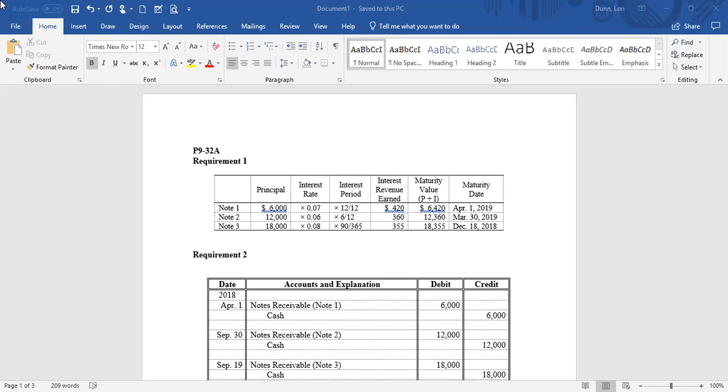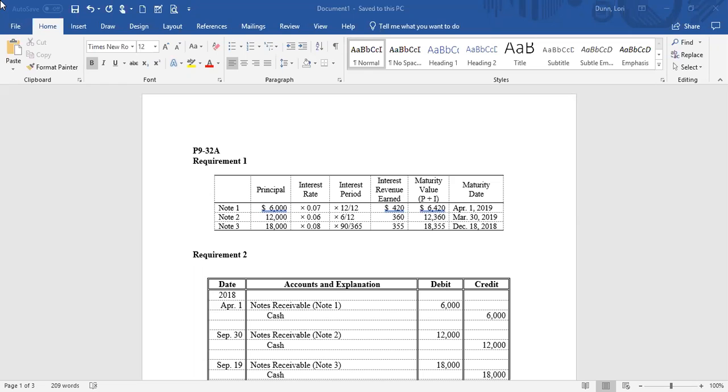On note 2, now let's take a look here. $12,000 is your principal. 6% interest will give you 12 months worth of interest. We only want to calculate 6 of 12 months, or $360. So add that to our principal. $12,360 is the maturity value.